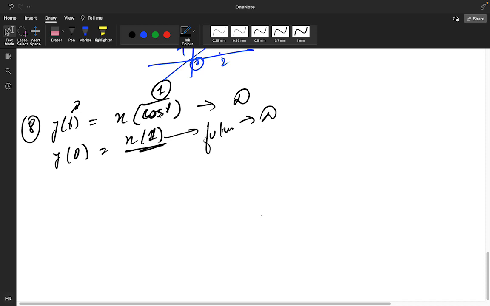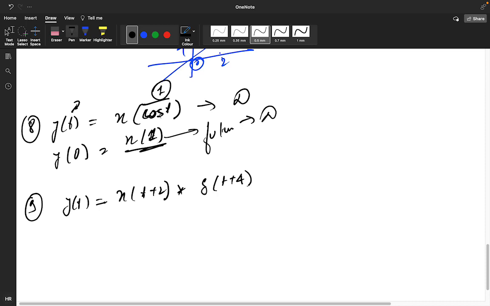Now you understood. So do this question number 9. y of t is equal to x of t plus 2 convolved with delta of t plus 4, convolved with delta of t minus 6. So what will the result be? From the delta property, we know that everything will be shifted.